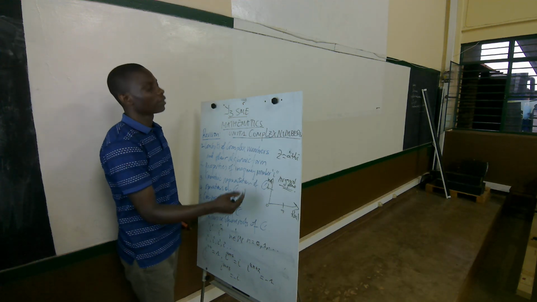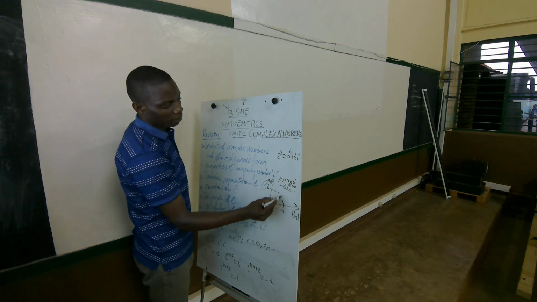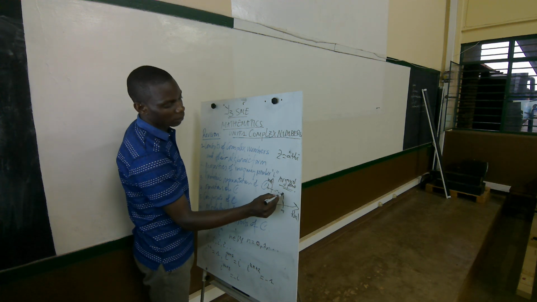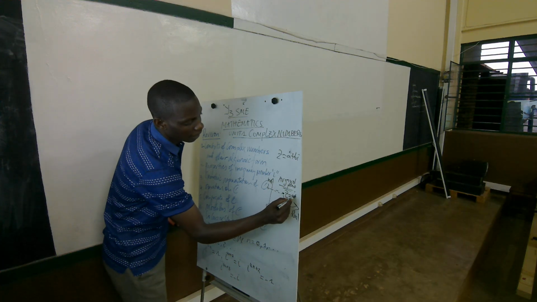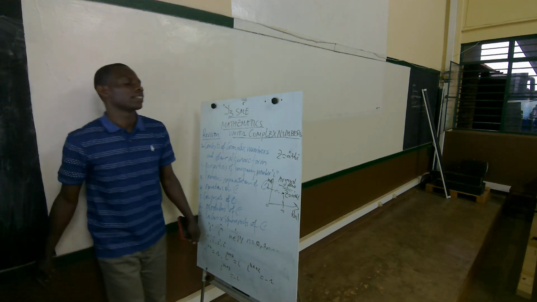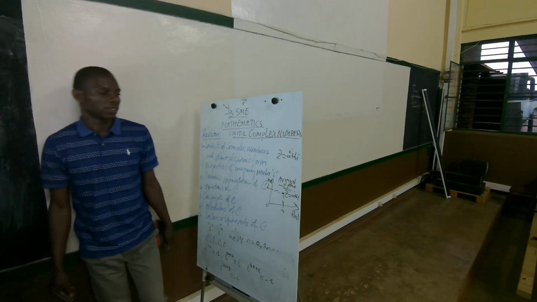We can represent this z as z is equal to a plus bi. This is the case for representation.